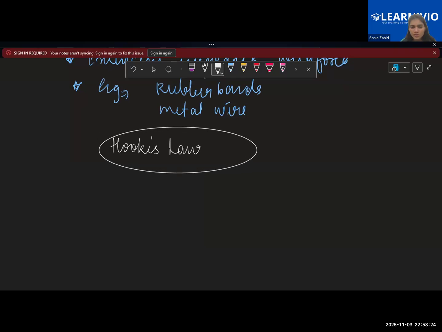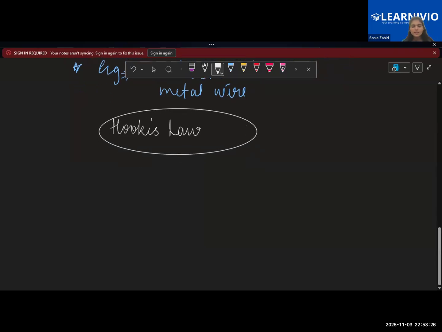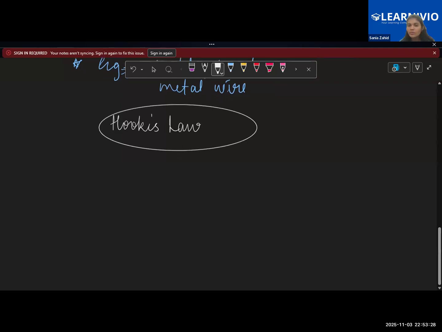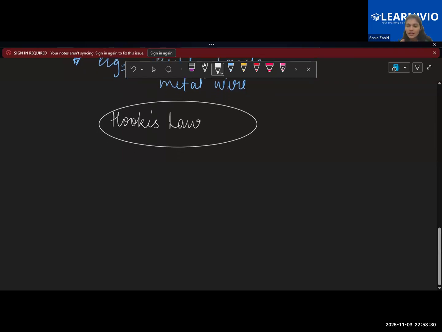Now, what does Hooke's law tell you? Hooke's law is basically telling you that whenever you apply force to any object, it extends. So force is directly proportional to extension. Force is directly proportional to extension. Right?